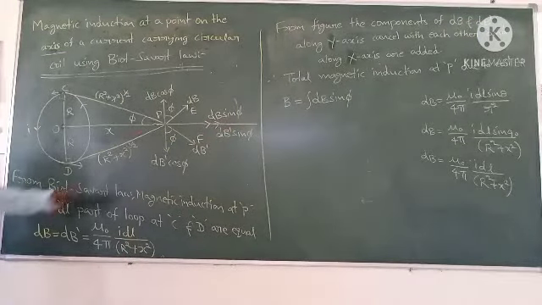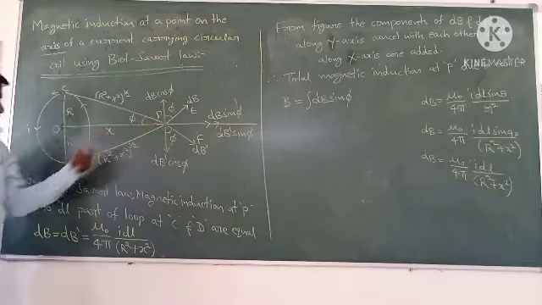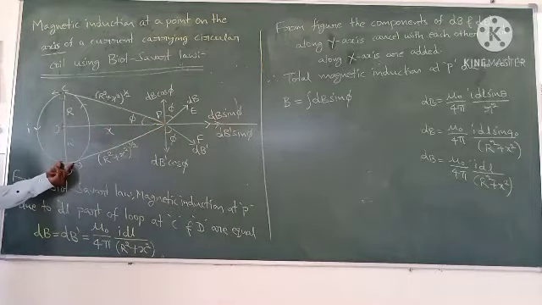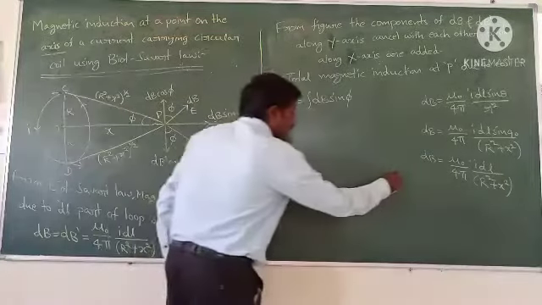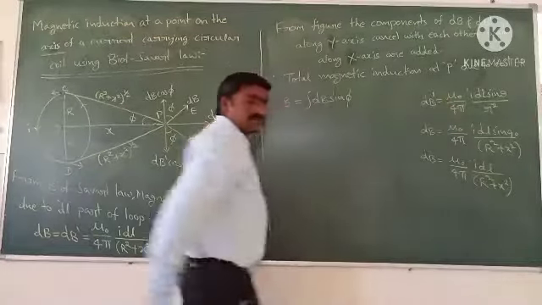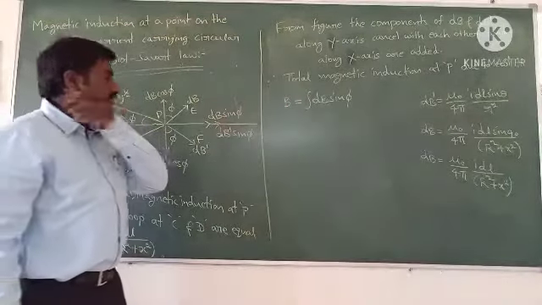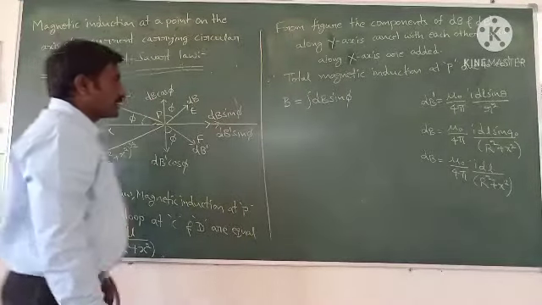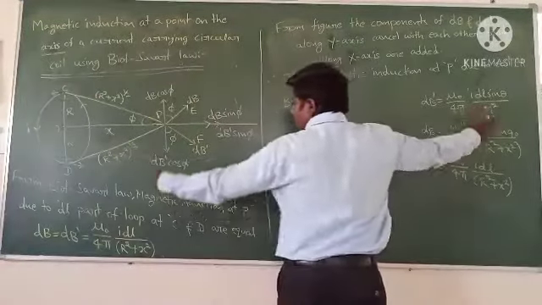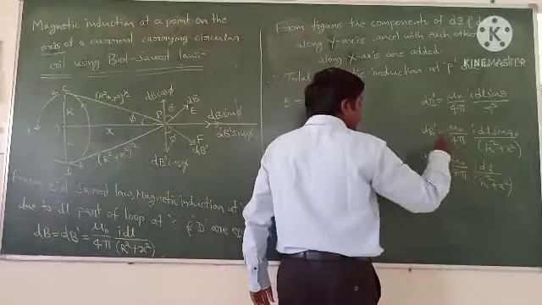Similarly, the magnetic field at point P due to the small element length dl at point D is dB dash, and the remaining things are the same. Theta is also 90 degrees and the distance is also the same.